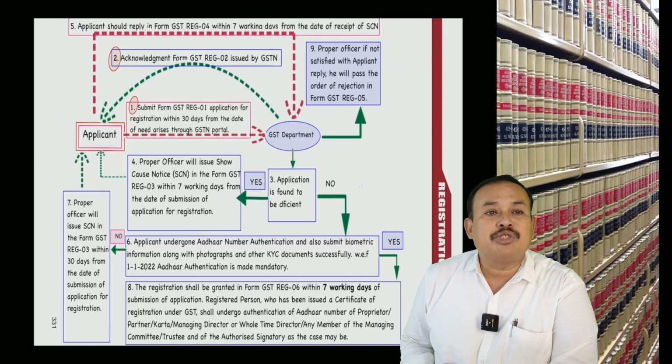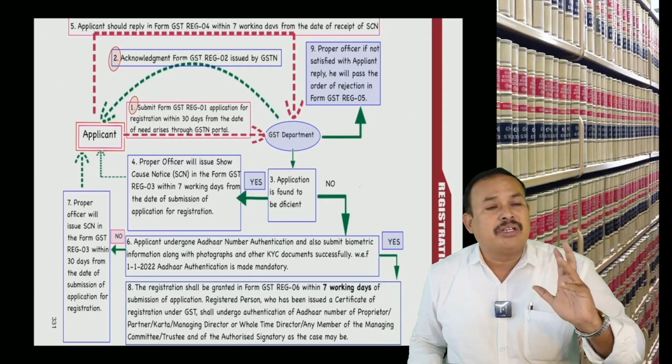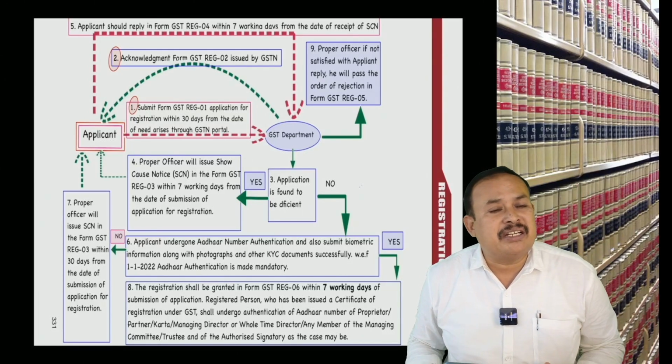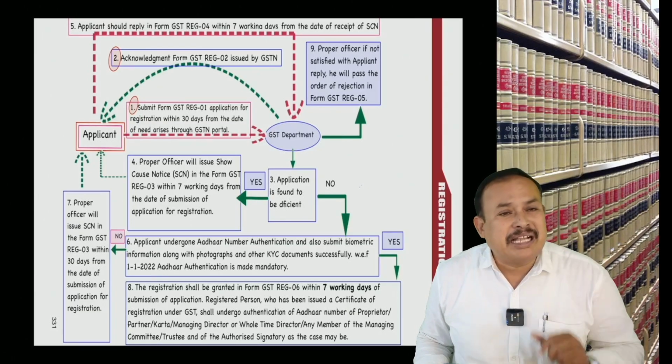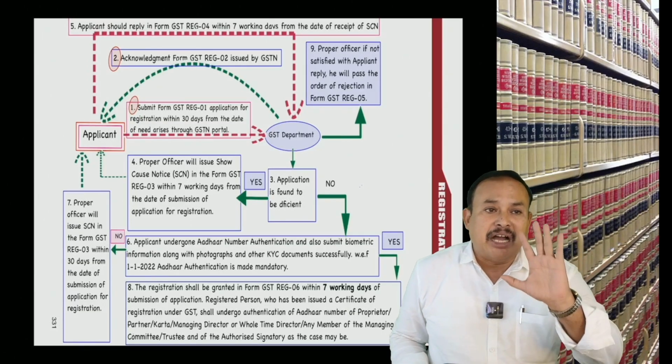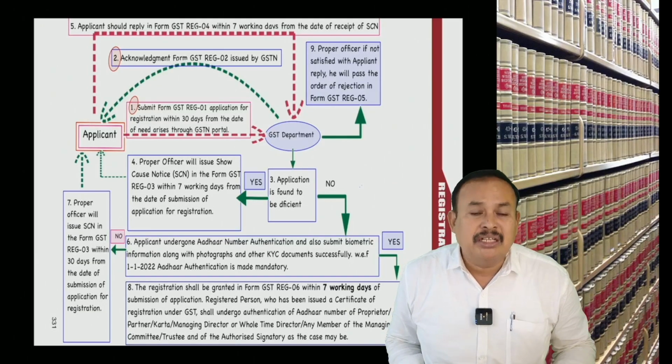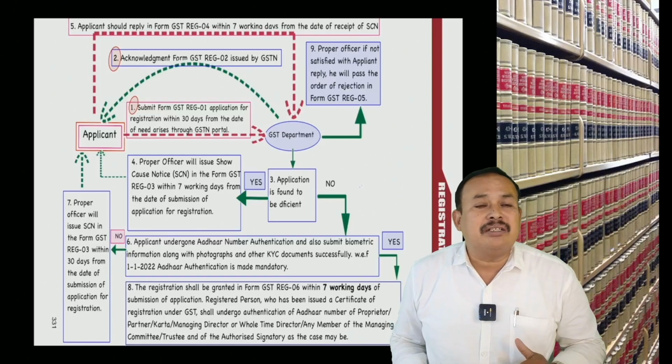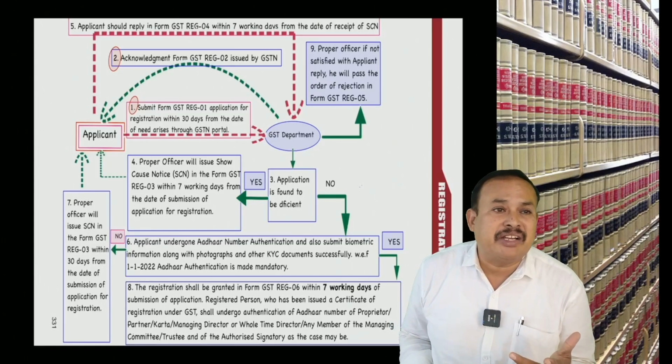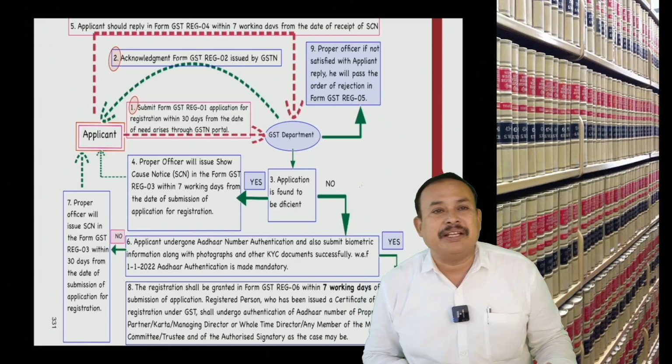Now the system shows, hey department officer, look, one Mr. C of Chennai submitted an application for registration, available with you in your portal. Please log in and look at whether to grant the registration certificate or not. Then the officer verifies.